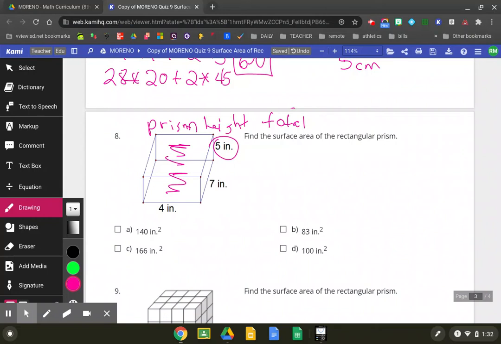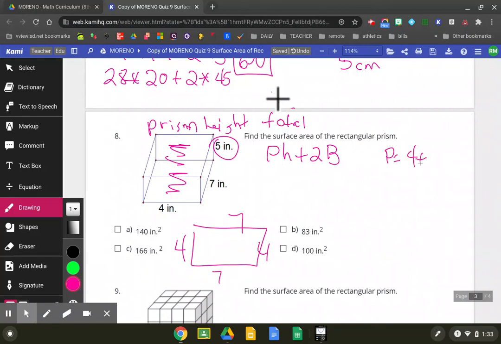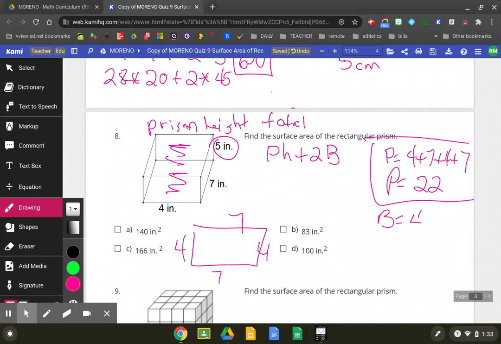So we would go big PH plus 2 big B. Find our big P, and we're going to use the 4 and the 7. So 4 plus 7 plus 4 plus 7: 11, 11, 22. So there's your big P. Big B would be 4 times 7, which is 28.